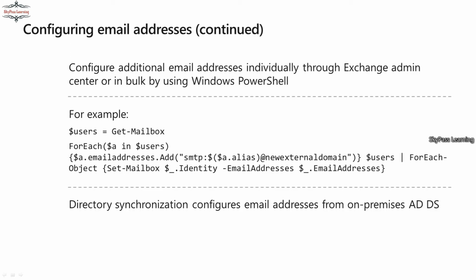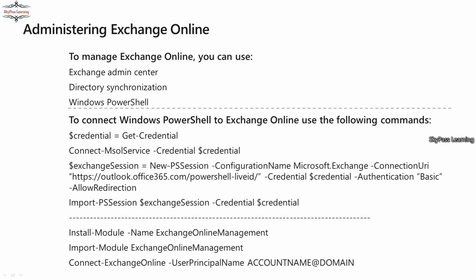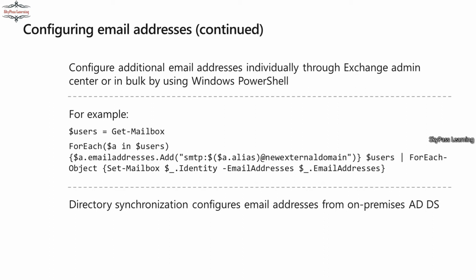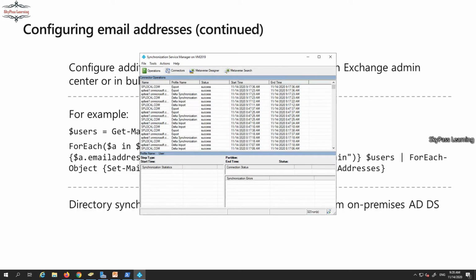In the directory synchronization, basically, it will sync your data, as I think I have shown you in the administrator center. If you go back, this one, directory synchronization, is another tool, and you can refer to my video, the second part, where I have shown Azure AD Connect and how to synchronize the on-premises user accounts. This is the synchronization service. You can see the synchronization is running from on-premises to cloud, cloud to on-premises, data sync is running.